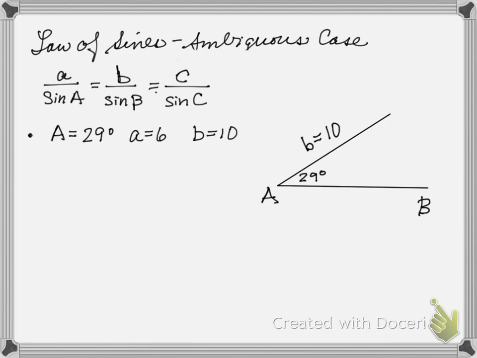Now when I put A here, here's angle A. When I put that in, I want that to be a length of 6. If I look at that in relation to B, it needed to be shorter than B, about half of B.